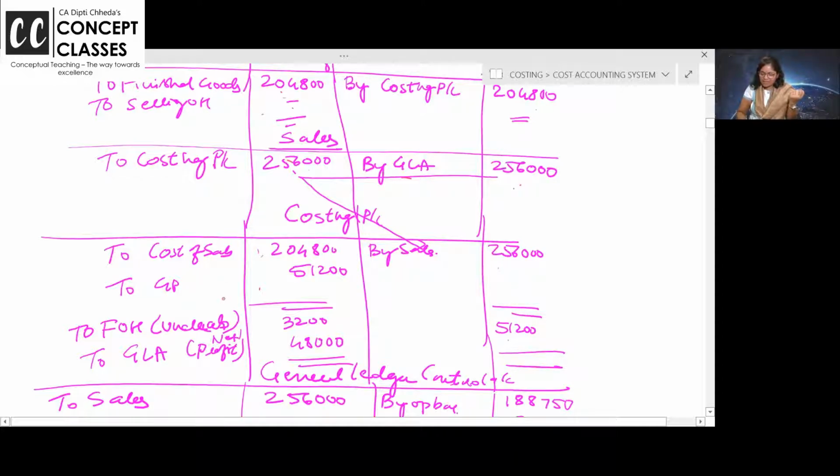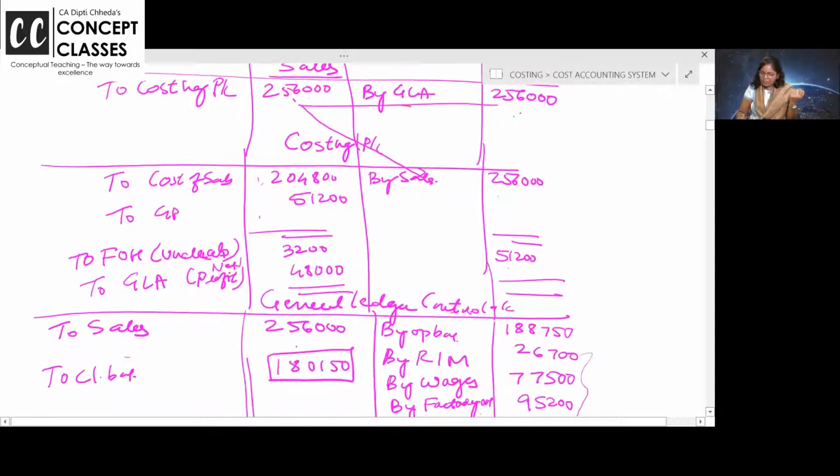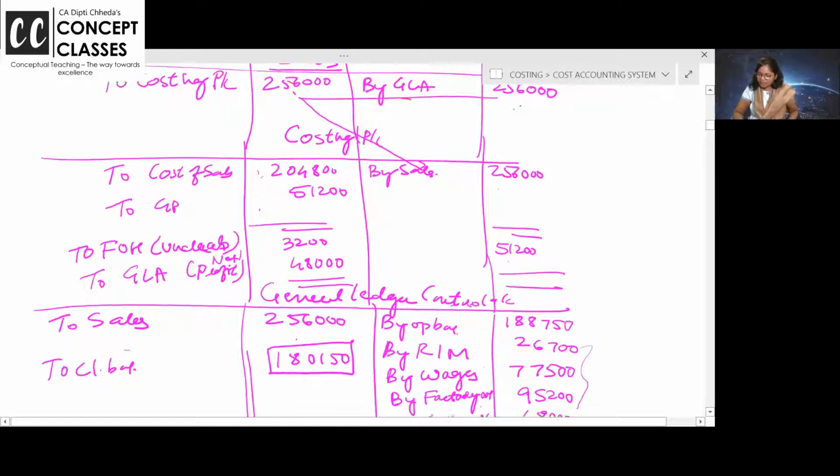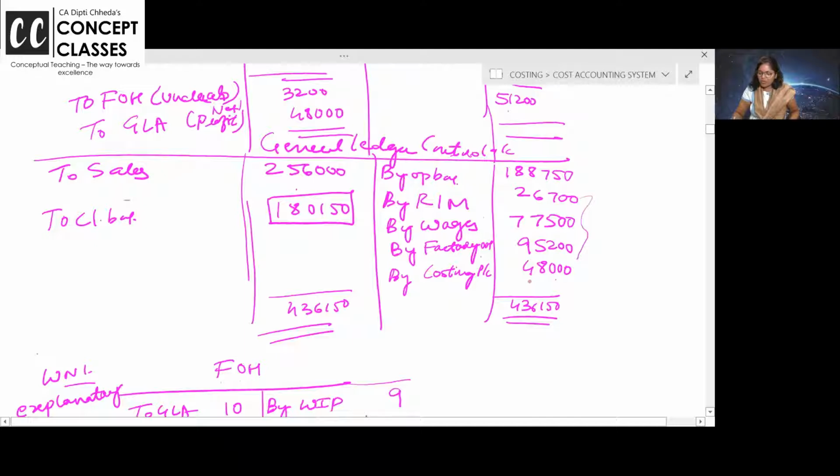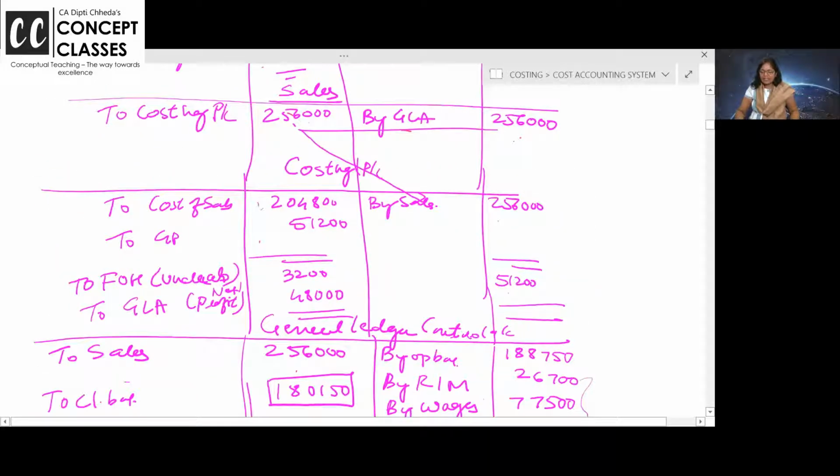Cost of the sales debit, you get GP. In GP, some under over absorption which you have transferred to costing P&L adjust and you get the final profit. Final profit 48,000 is transferred to costing P&L if it is non-integrated. If it is integrated, then this profit will directly go to the P&L account credit side, share capital, all is there.